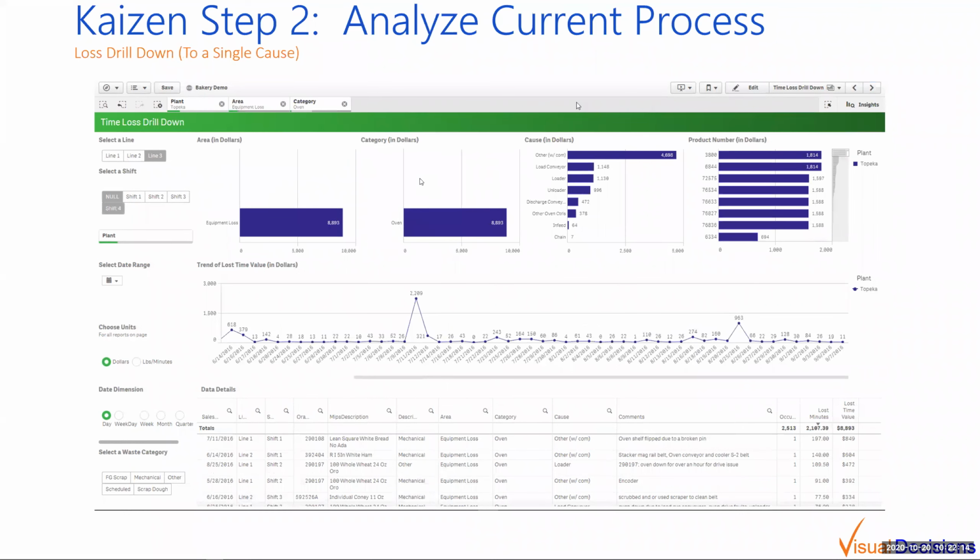What I see then is that on most days I've got very little loss due to the oven, but then I have these really big spikes. Because of that pattern, we determined that we needed to collect information about the details of what was happening when those occurrences happened. So we had the operators put in notes for each one of those different occurrences.